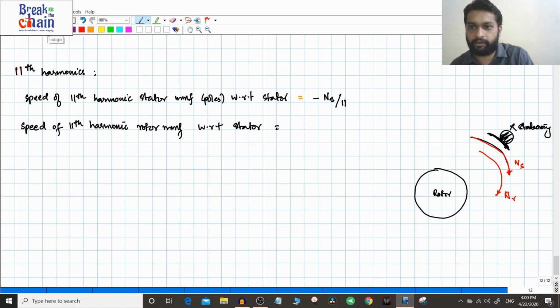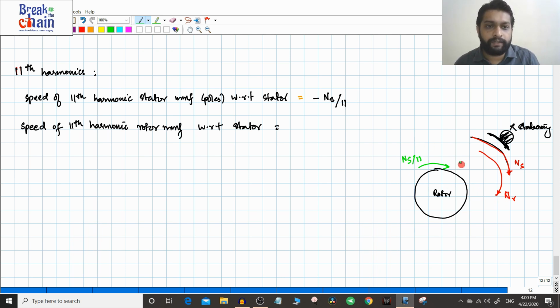We will take a different color for rotor things now. I will take some green color, light green. So this is all with respect to the rotor now. So you are having ns divided by 11 rotor MMF rotating, which is produced due to the rotor slotting, and that is rotating in the same direction as compared to the fundamental.